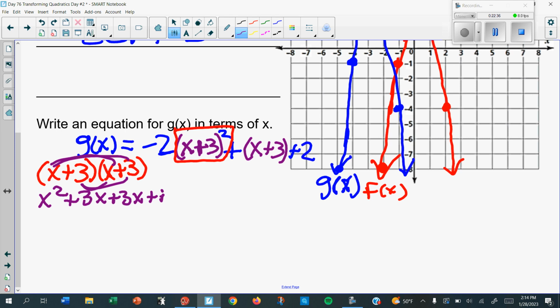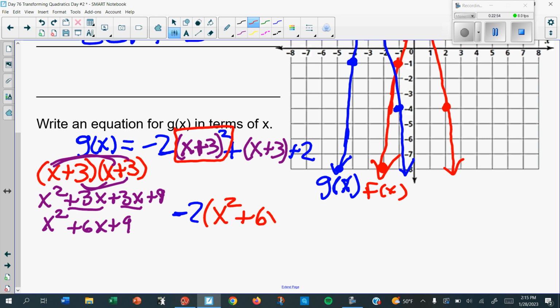So if you combine like terms, you just got x squared plus 6x plus 9. So now we got to substitute that in. So here we go. So negative 2, and we just got in the red box that it just became x squared plus 6x plus 9. Okay. Then let's write the rest of it.